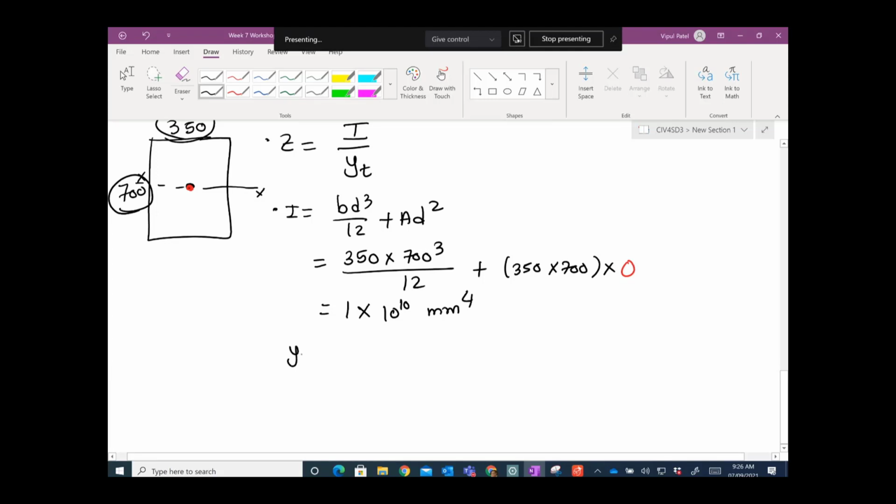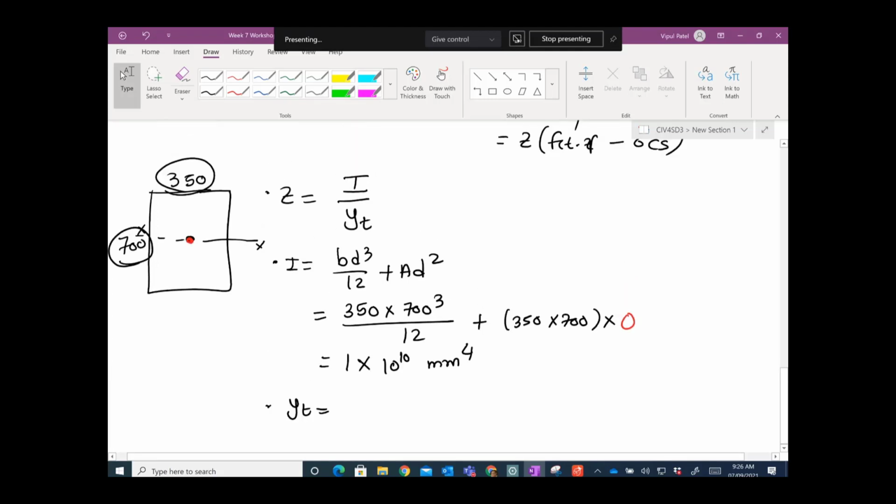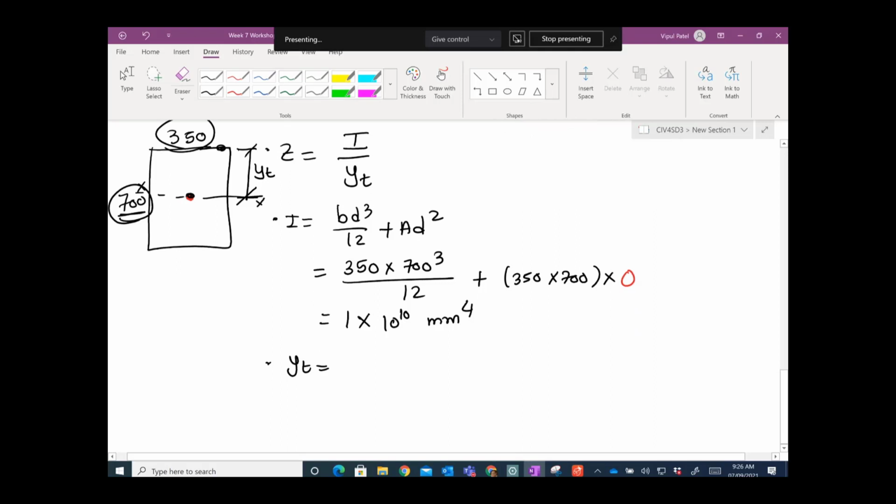Distance Y_t, you can just calculate by taking half of 700, because this is the distance Y_t. If you remember, this is the top fiber or bottom fiber from the centroidal axis, and that is 700 over 2, we have 350 millimeters.